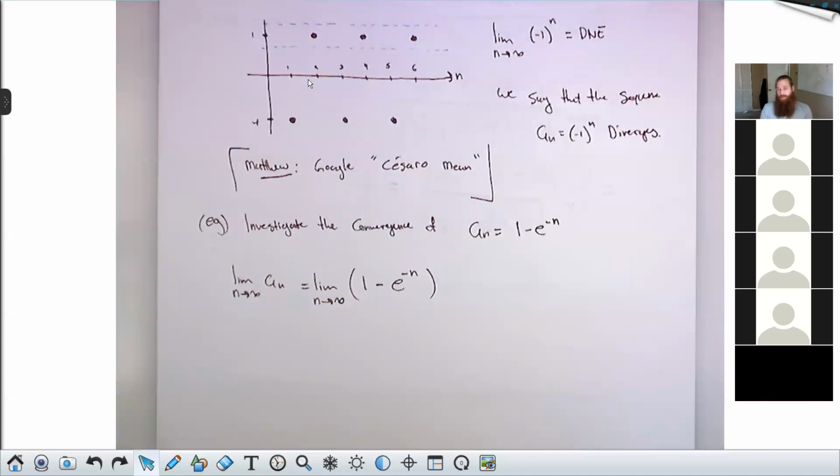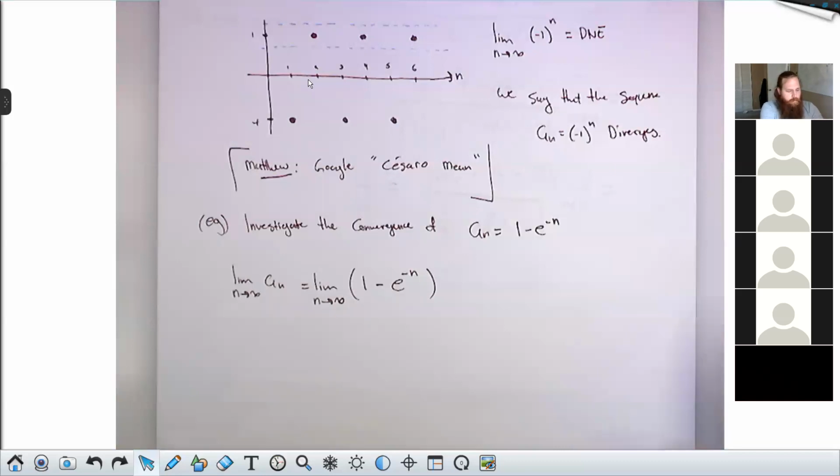Do I have weird powers of n, n cubed, n squared, square root of n, stuff like that I could divide out by to make this nicer? I would say no. There's nothing I can divide top and bottom by here to renormalize. Also, this doesn't look like infinity over infinity or anything like that.